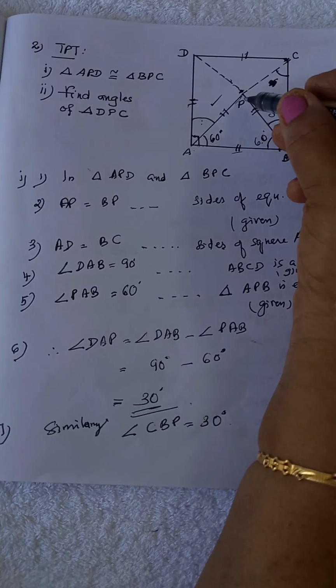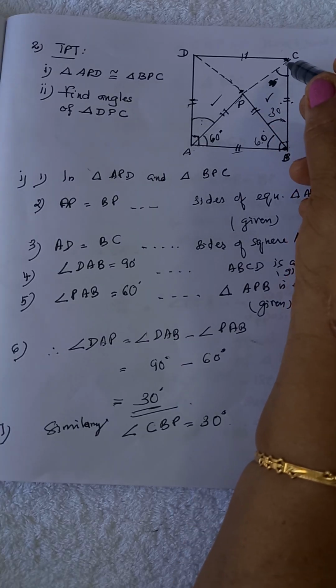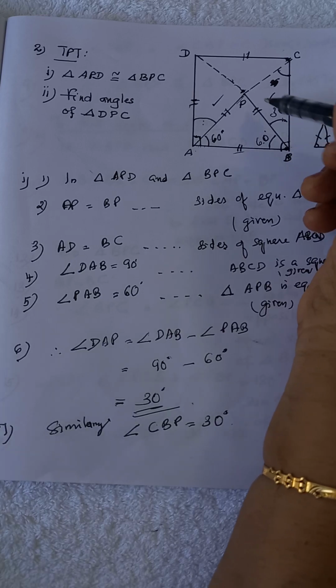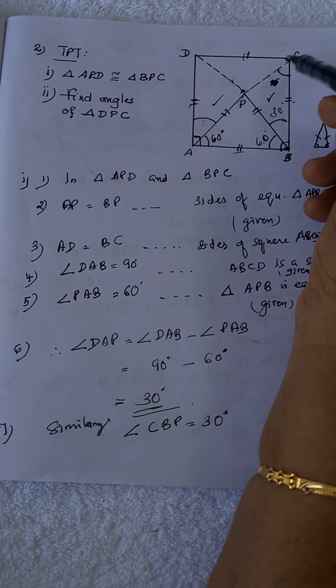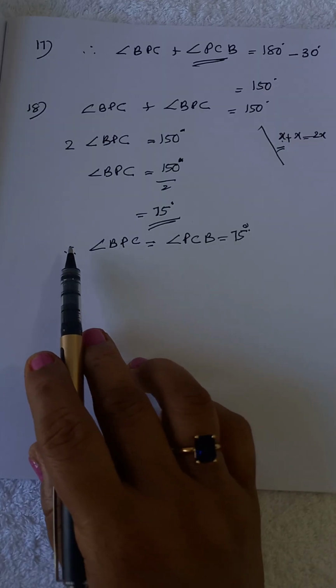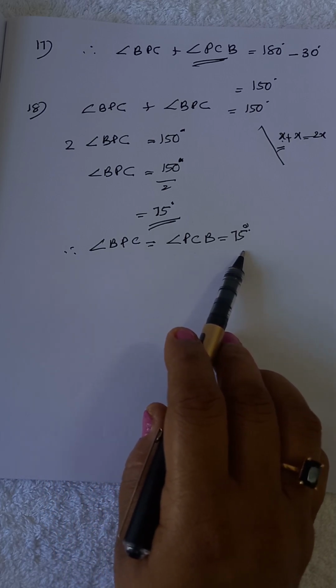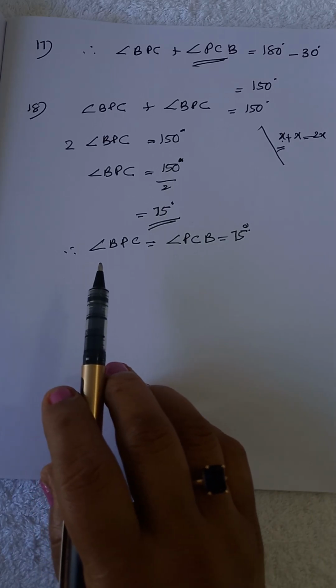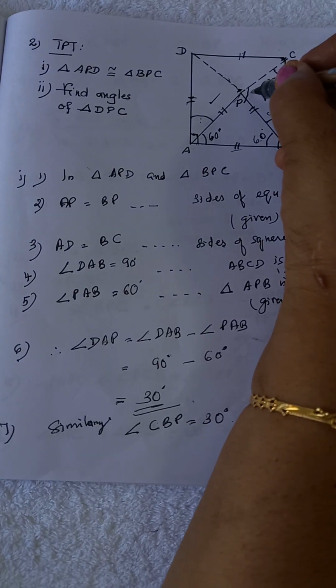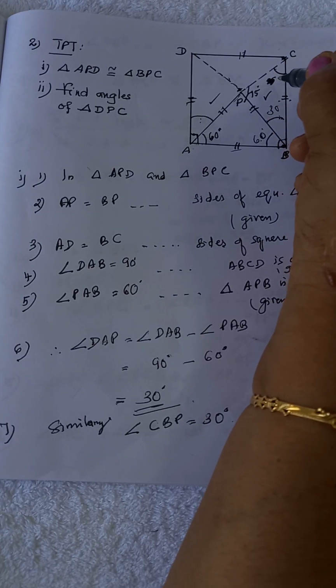As BP is equal to BC, these angles BPC and BCP are equal. From this 18th point we got angle BPC is equal to angle PCB is equal to 75 degree. We can mark that there. So here this is 75 degree. This is also 75 degree.